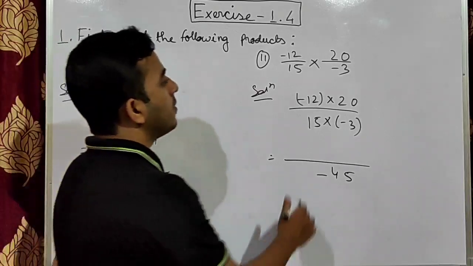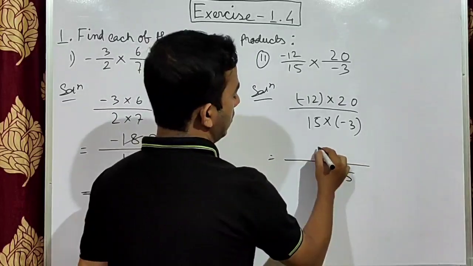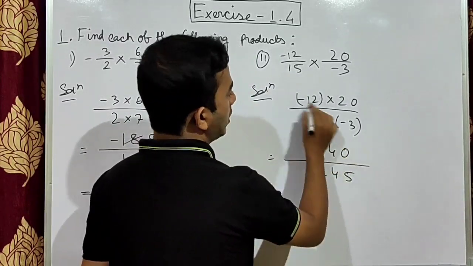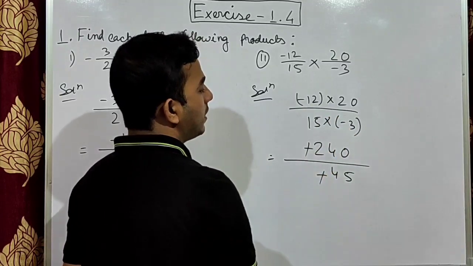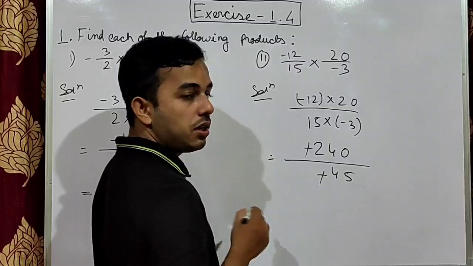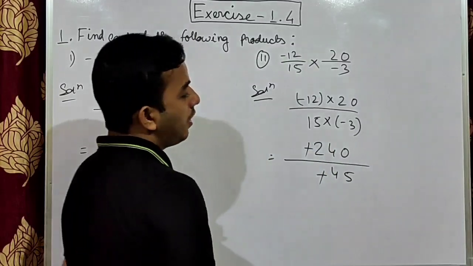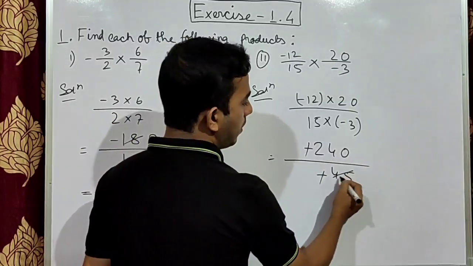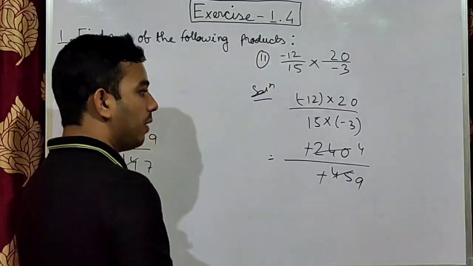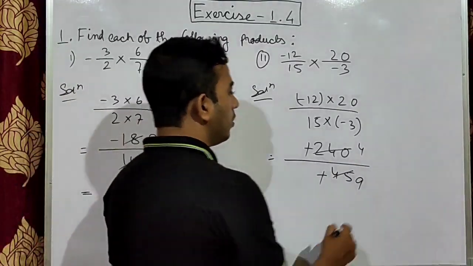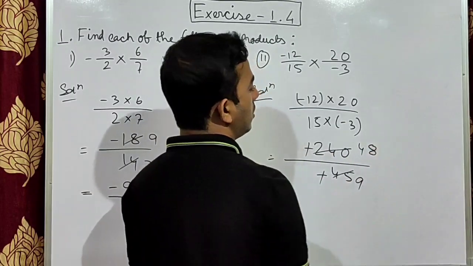Very good. So here 12 into 20 is how much? 12 into 20 is 240, right? And minus 12 into 20 is minus 240. Now look, minus minus cancel, isn't it? Both numerator and denominator have minus, so we'll cancel it. Now both of them are divisible by 5. 5 into 9, then 5 into 4 is 20, then 5 into 8 is 40.